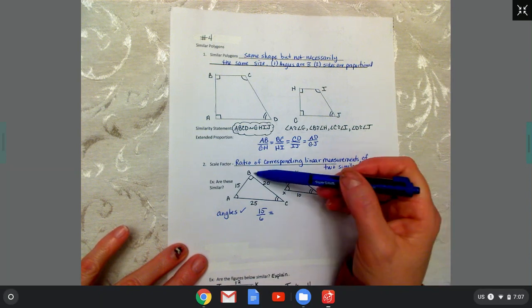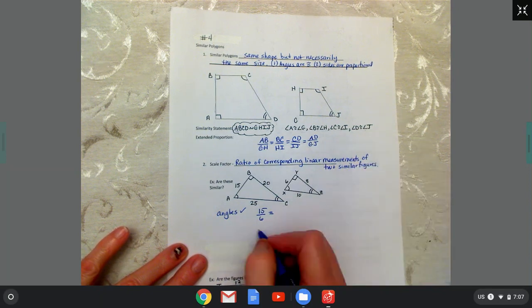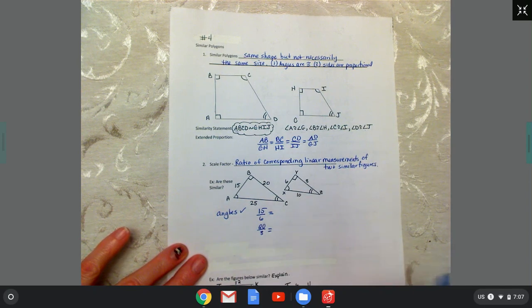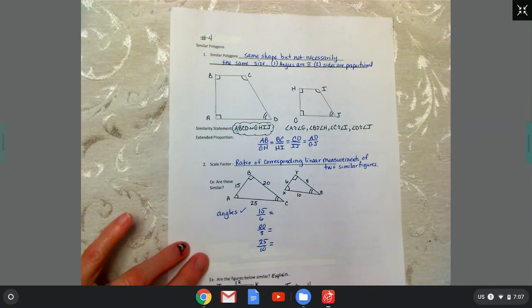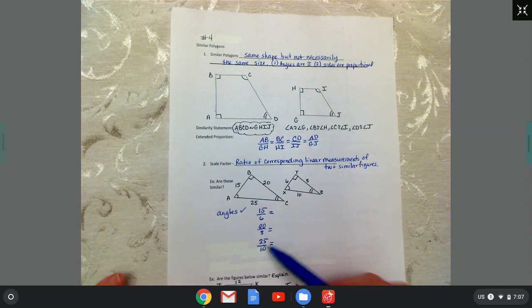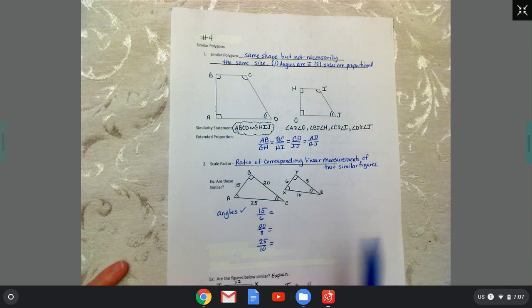Then we have 20 goes with 8 as another ratio. I keep saying the wrong word here. And then 25 and 10 go together as another ratio. So these are my three ratios. If they are proportional, if they reduce down to the same amount, then we are looking at similar figures.